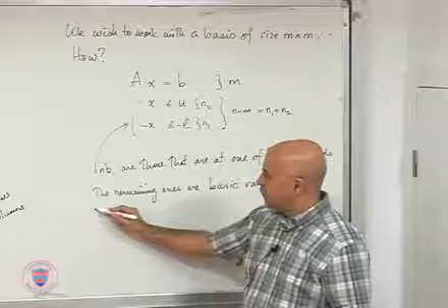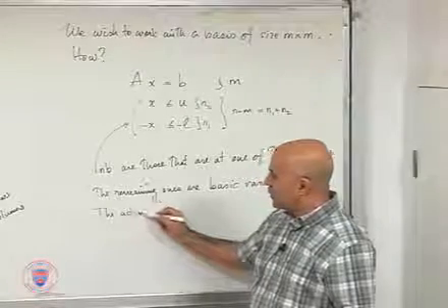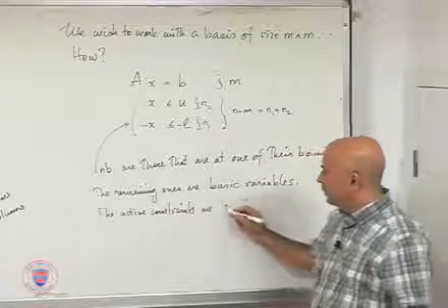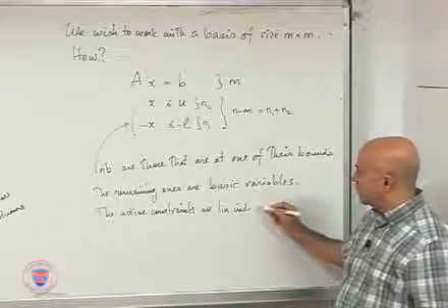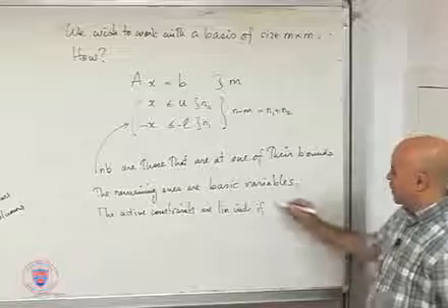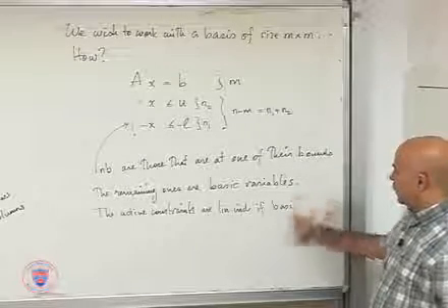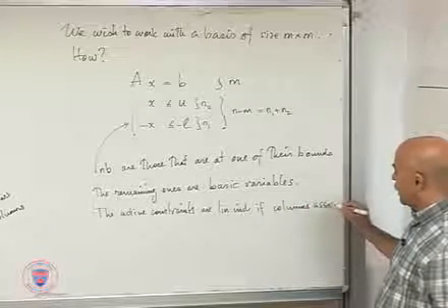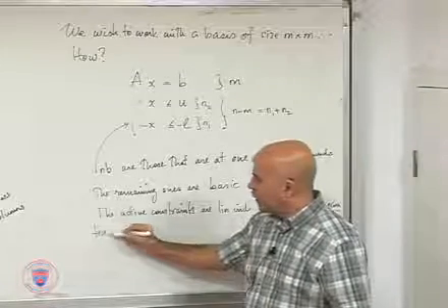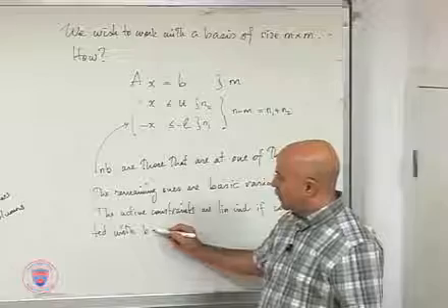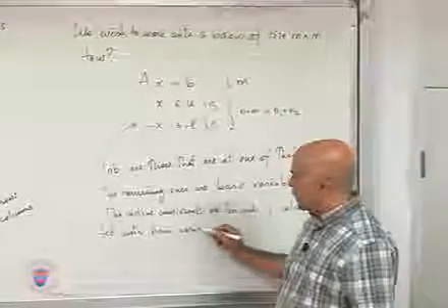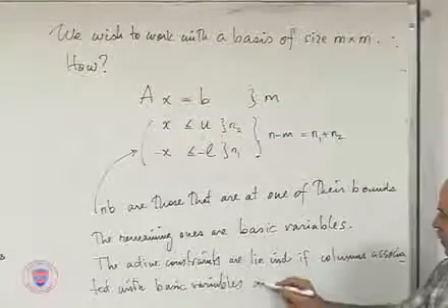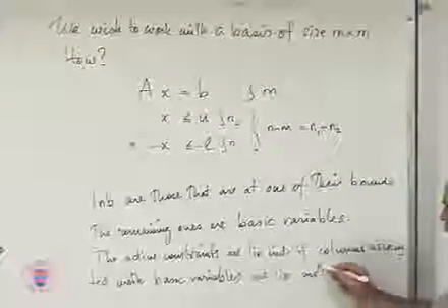The active constraints taken in this way are linearly independent if the basic variables, or the columns associated with the basic variables, or the variables that are going to be solved for, are linearly independent.